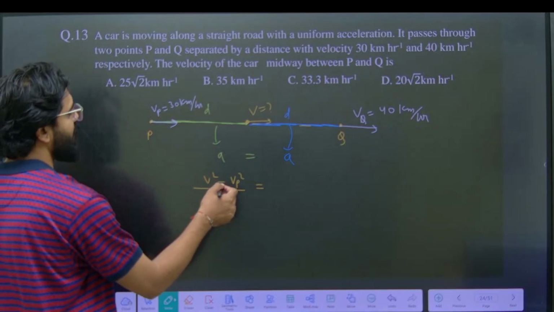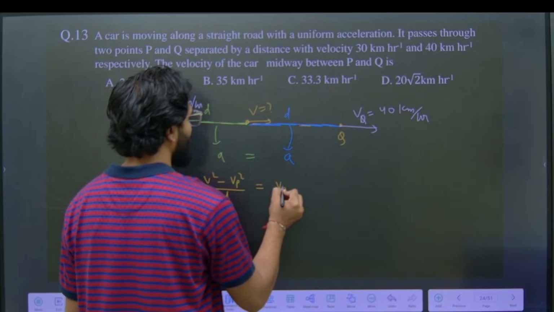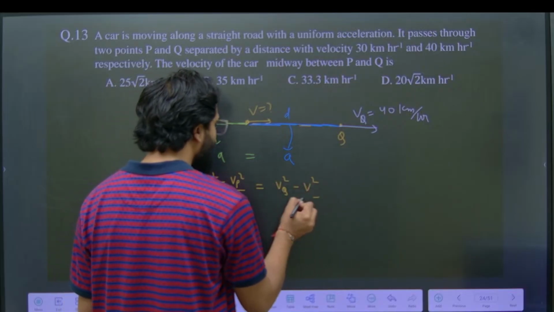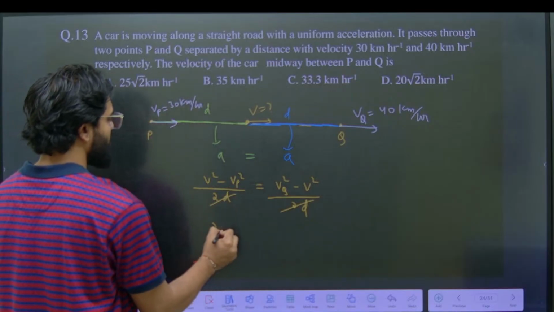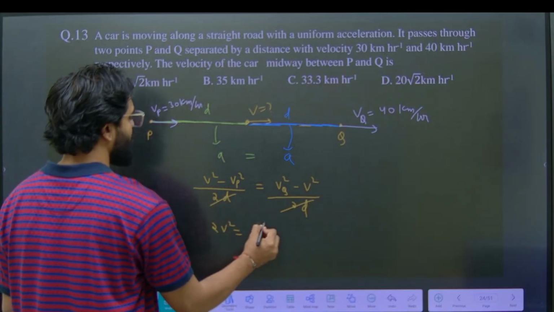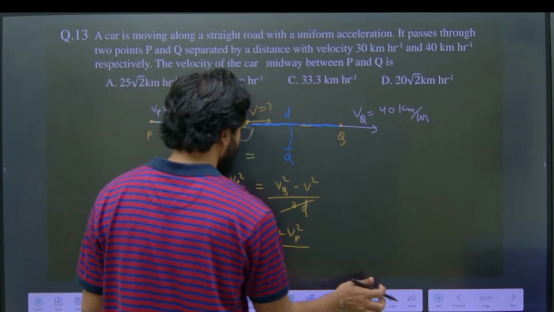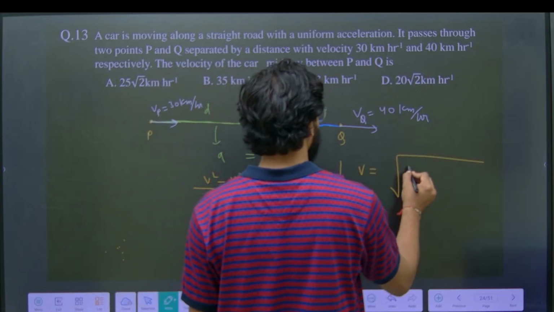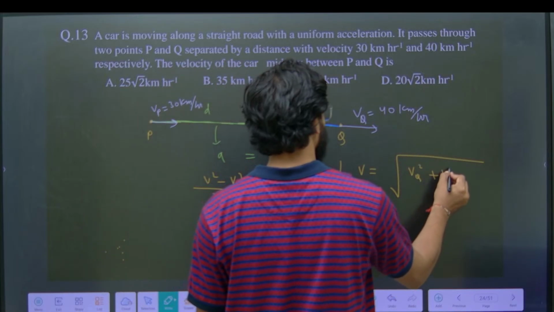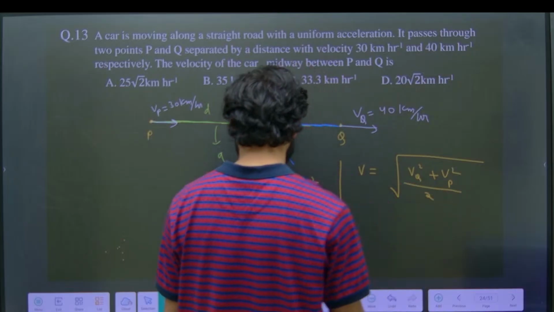So V square minus U square upon 2S equals to bhai sahab VQ square minus V square upon 2D. Shake, shake. Okay. So it is 2V square equals to VQ square plus VP square, my dear friends. Yes or no? Okay. So V is coming out as square root of (VQ square plus VP square) upon 2.